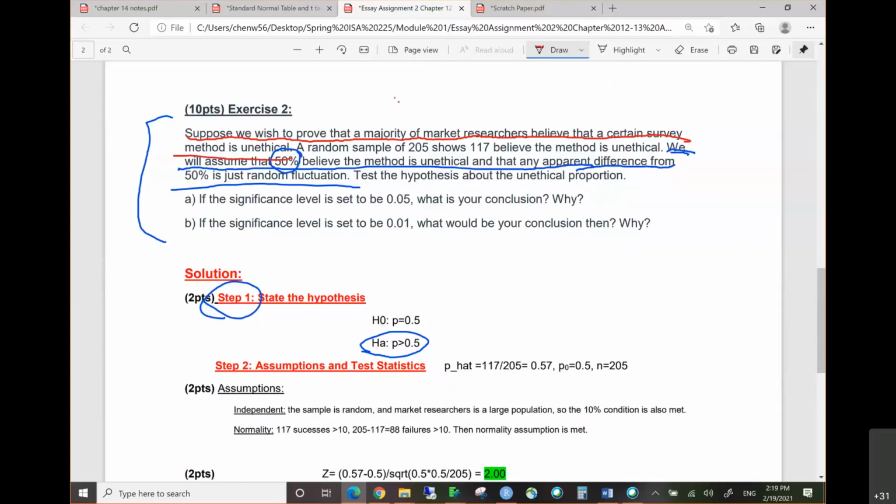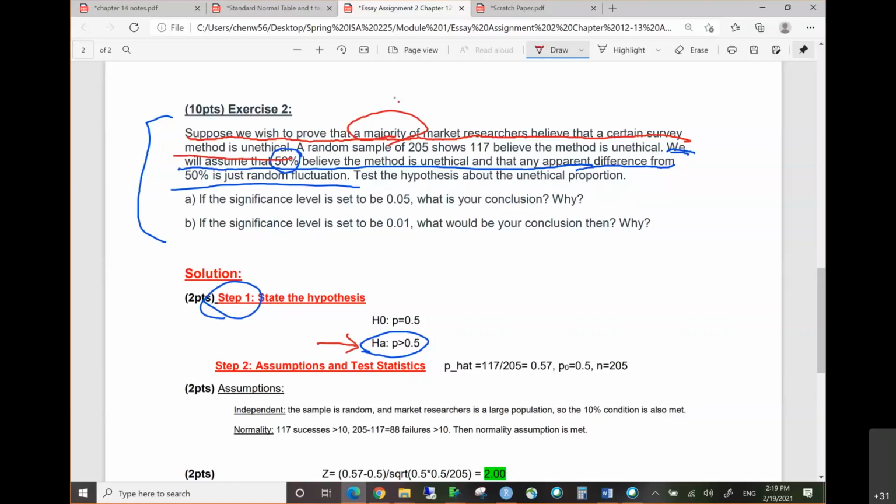So how can we figure out what we want to test? We want to test whether a majority of market researchers believe that this survey method is unethical. Majority, that means proportion larger than 50%, right? Then this will be your alternative hypothesis. Don't get confused with something you think is a keyword.